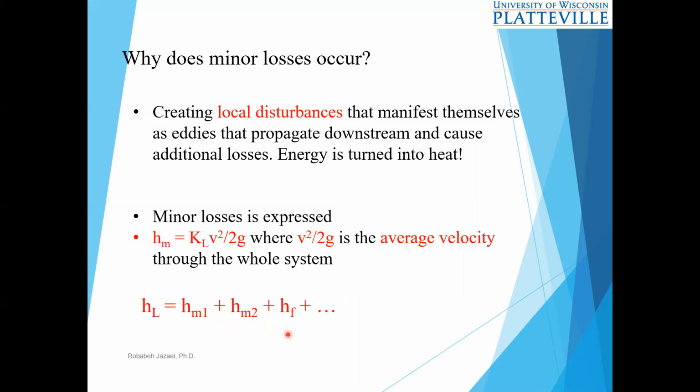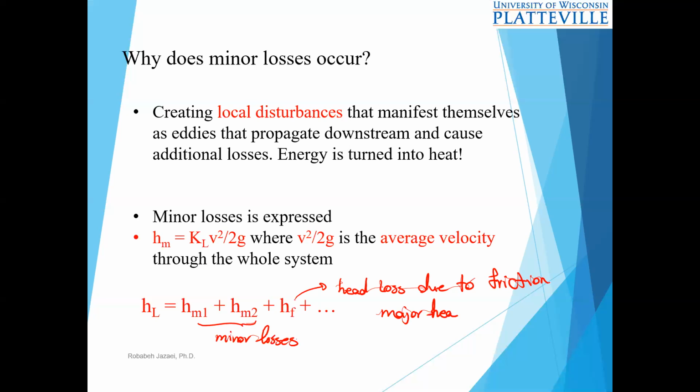So the total head loss is the combination of minor losses plus head loss due to friction, or just major head loss, that we can calculate from the Darcy equation.